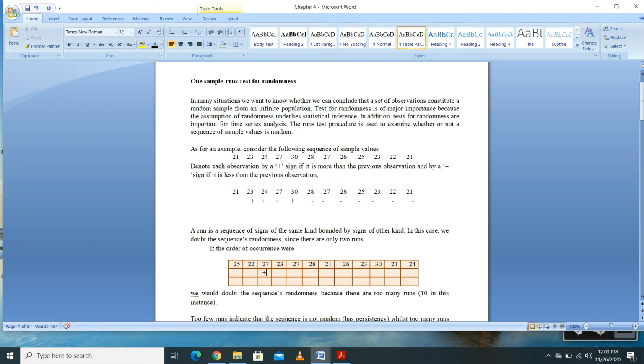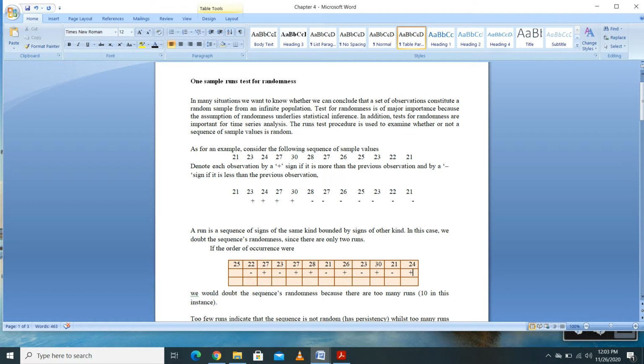Then 23, which is less than 27, minus. 27 greater than 23, plus. 28 greater than 23, plus. 21 less than 28, minus. 26 greater than 21, plus. 23 less than 26, minus. 30 greater than 23, plus. 21 less than 30, minus. 24 greater than 21, plus.